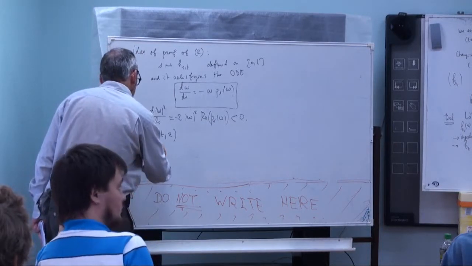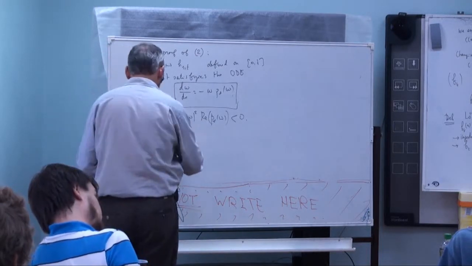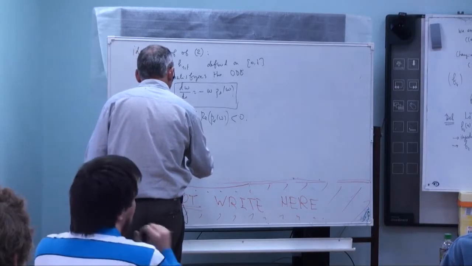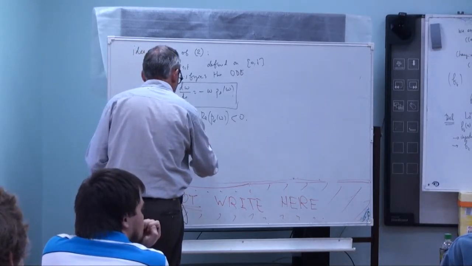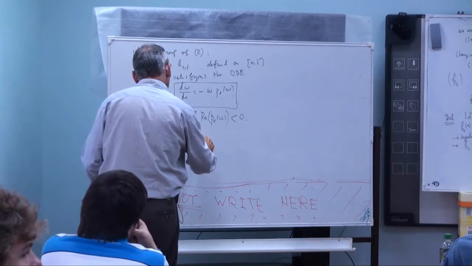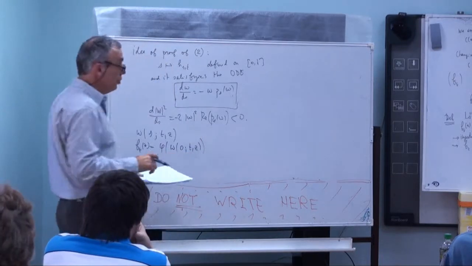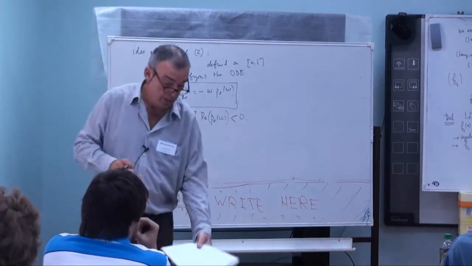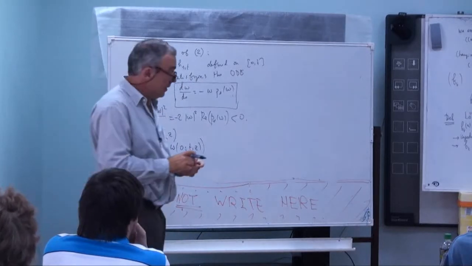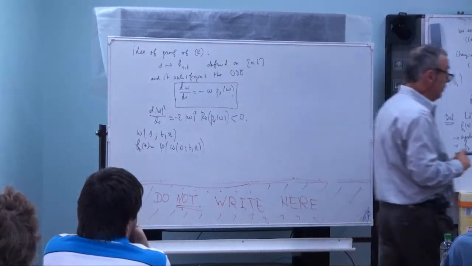So the solution will be phi of omega of 0, t, z. That will be the solution to the equation. Okay? So that's the idea of the proof of the theorem.